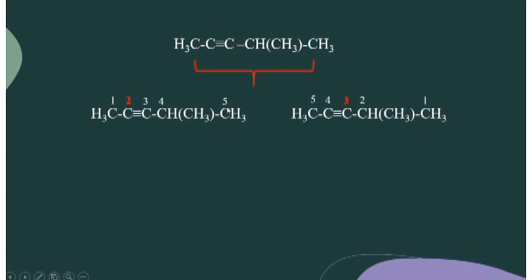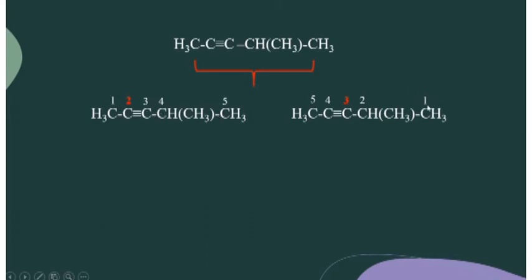This is a second molecule, an alkyne also. So see, this is somewhat complex: it has a triple bond and one CH3 as a substituent. So first is the longest carbon chain, which contains 1, 2, 3, 4, 5 carbons. I have numbered this molecule. CH3 is at first, then second, 3, 4, 5.